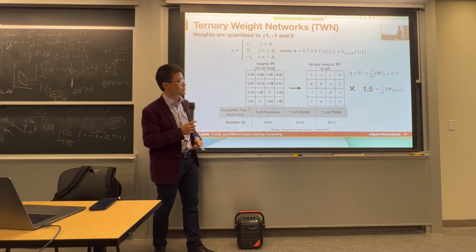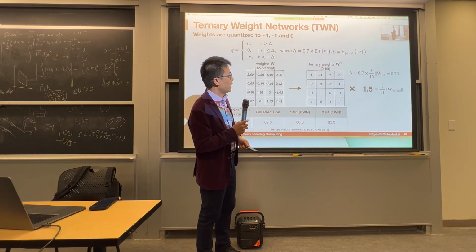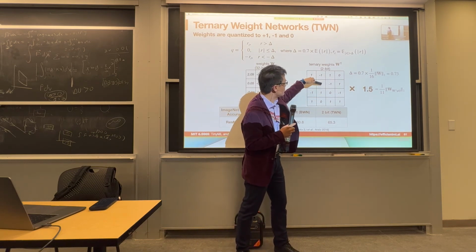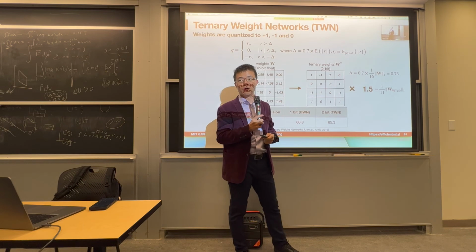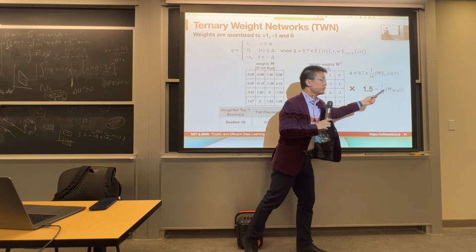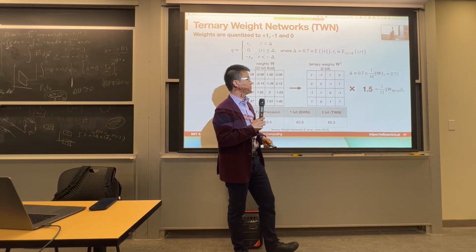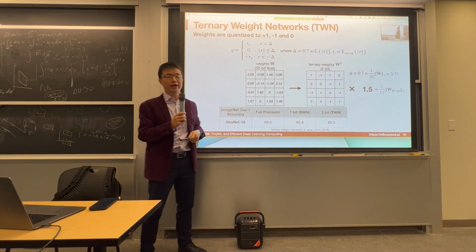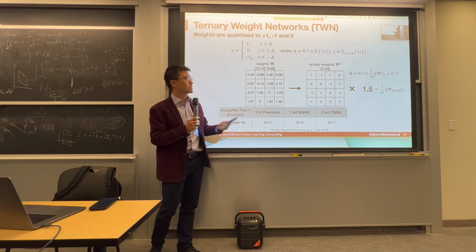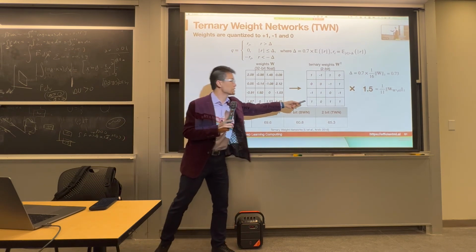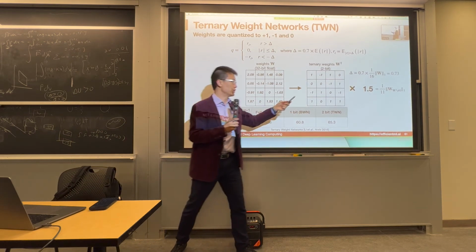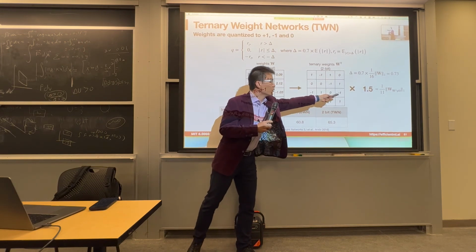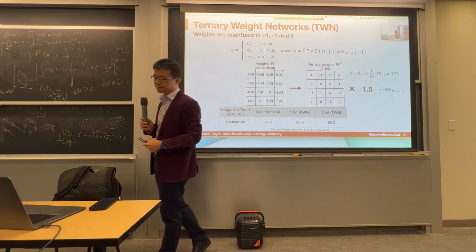There are 16 elements altogether, and 5 of them are 0, so actually 11 of them are non-zero. We calculate the norm corresponding to those non-zero elements to get the scaling factor. So we can quantize the weights into this matrix, which has only 3 values, positive 1, negative 1, and 0, with the scaling factor 1.5.